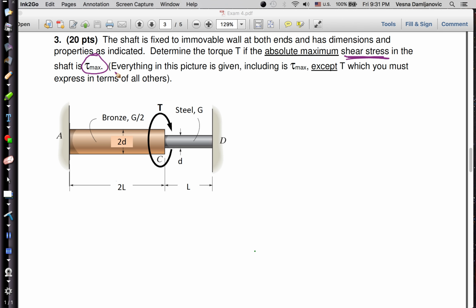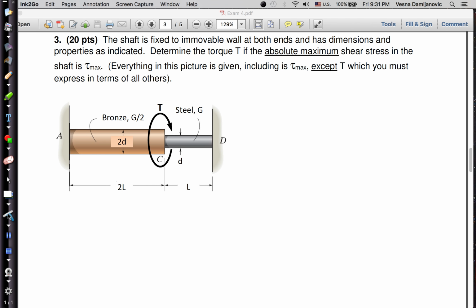And then I even wrote in parentheses, and it wasn't enough, okay? That everything is given except T, which you must express in terms of all others, including Tmax. And a few of you, I needed to remind you to read this in order to get this. So I don't get you guys, okay?